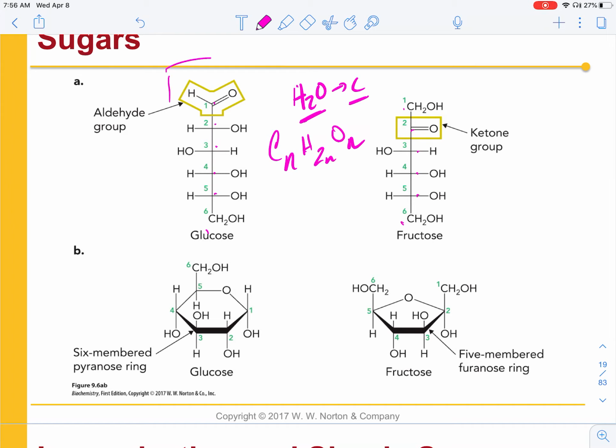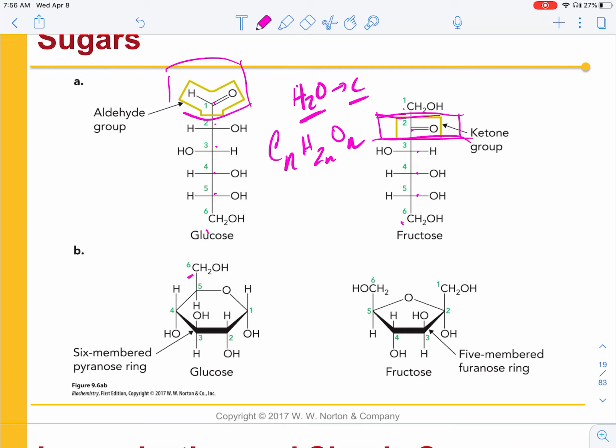Glucose has its carbonyl group at the end, so it's an aldehyde. Fructose has it embedded within the structure, so it is a ketone. I'm sure you remember that from organic chemistry. And this has an effect on the ring structure. So glucose forms a six-sided ring.